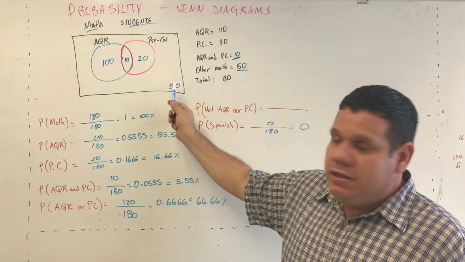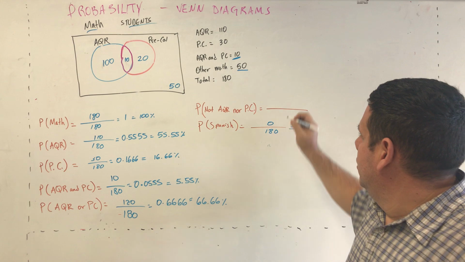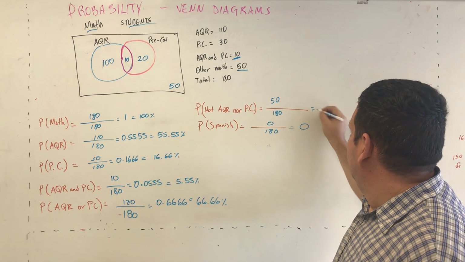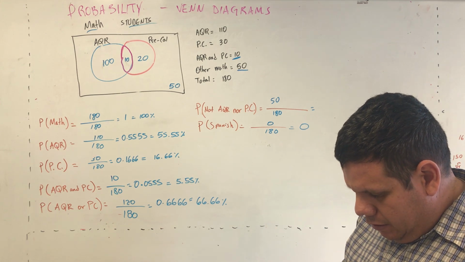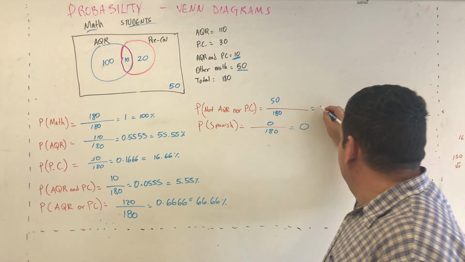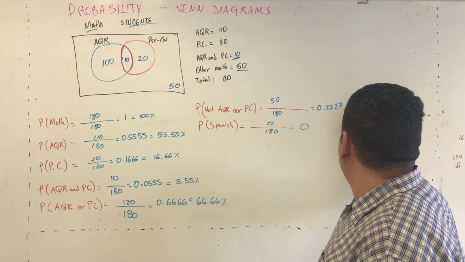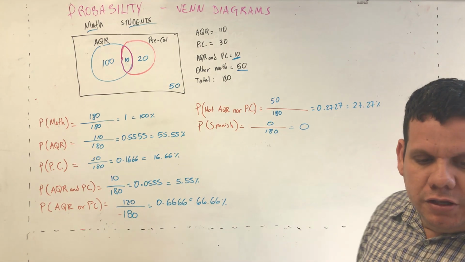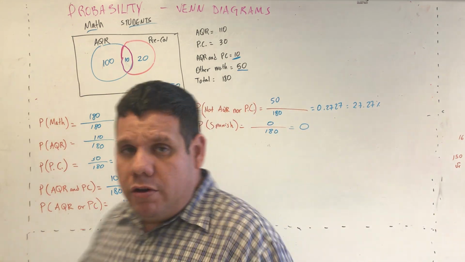These 50 students, because these 50 students are enrolled in other math courses. So I have 50 divided by 180, and I have 0.27 or 27.27%.